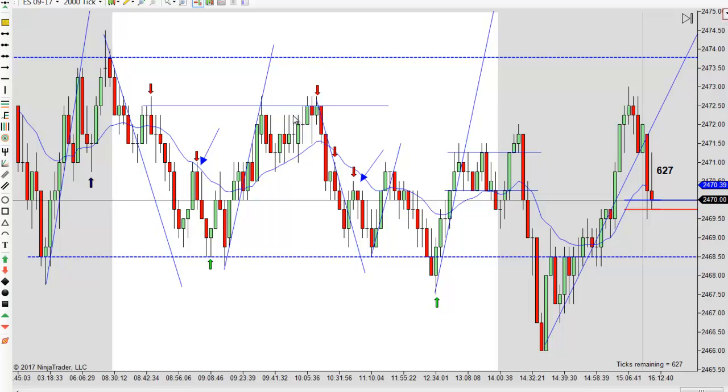This is still considered a second entry, but it's not a very good one. Their chart looked a little different than mine, but they went long here on a second entry thinking that it was a good entry. And it is a second entry, but this is not a second entry you want to take.